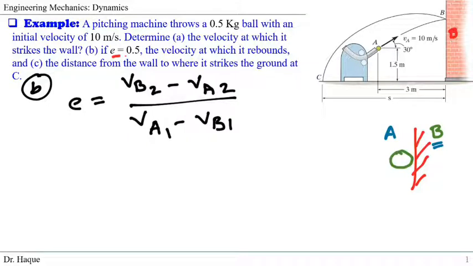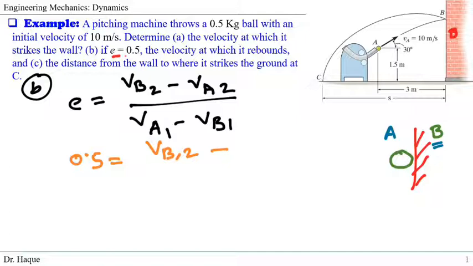So we have to plug the values here. We know e is 0.5. What is VB2? VB2 is the rebound velocity that we are looking for, right? So I will write VB2 and VA2.